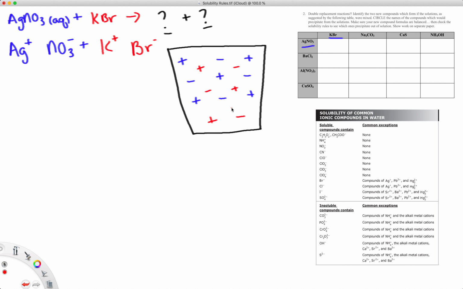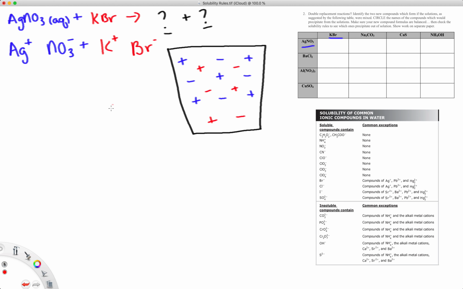It's the polarity of the water molecules that helps the water to surround these charged particles and keep them separated from one another. So now we've got water that has all these positive and negative charges spread out in solution. This is what it might look like. But we need to go a little farther to determine whether some of these are going to come together to form a new compound that's not soluble in water or not.